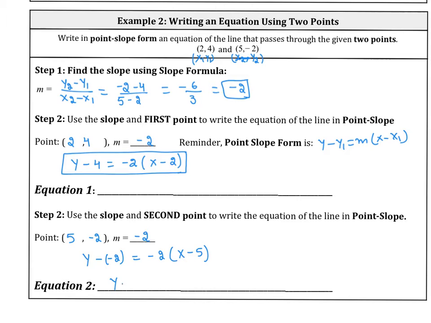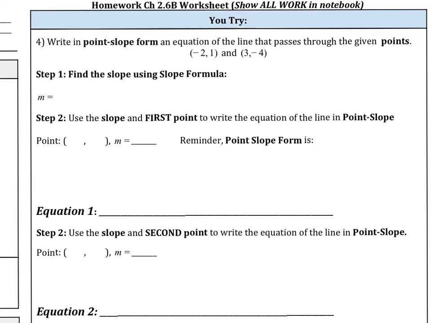So it's going to be y plus 2 equals -2 times x minus 5. This is my equation number 2, using the second point x2, y2, and this is my equation number 1, where I'm using the point (2, 4). Remember, in future when we are making this equation, you can choose either one of the points to make a line. I'm going to pause the video, and you try problems number 4 and 5 yourself.